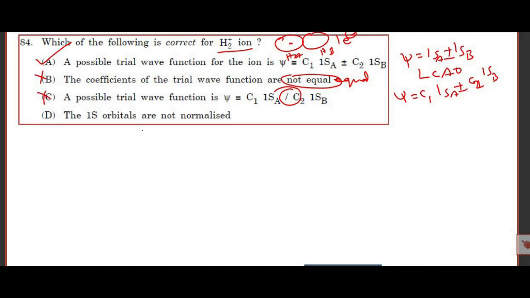D is also wrong: the 1s orbitals are normalized, and they are not orthogonal to each other. Hence option D is also wrong. Option A is correct. Here they have given a plus or minus symbol. The plus is for the ground state and the minus is for the excited state.